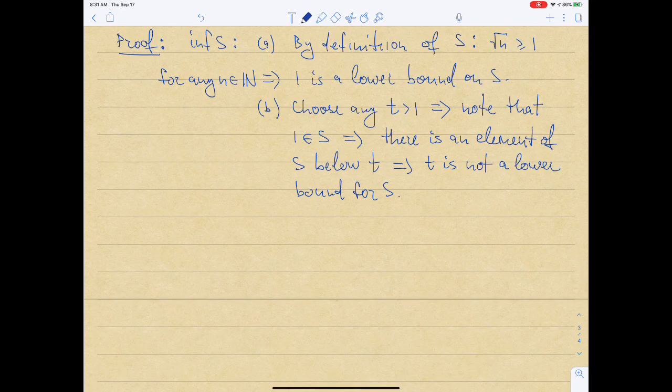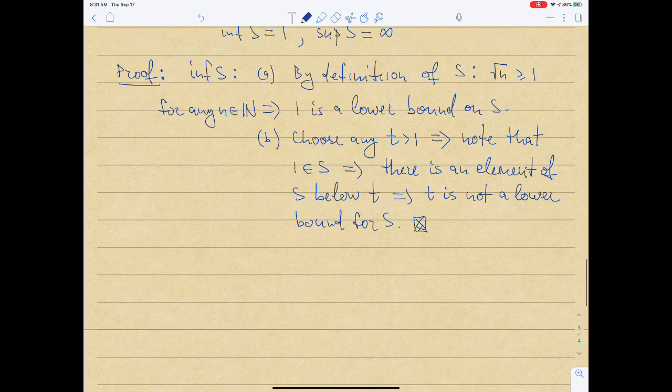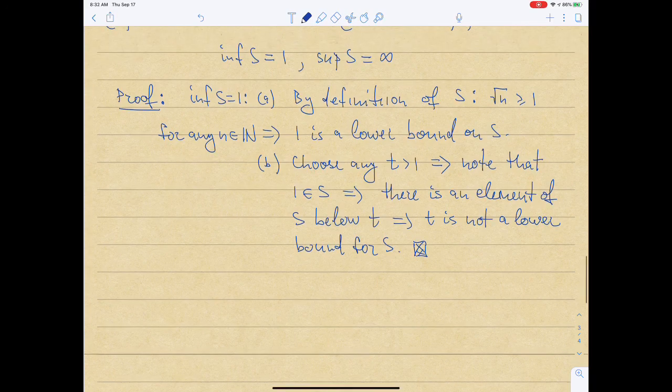So then we conclude immediately from this that the infimum of S is equal to 1. All right, so that is the first part of the proof.